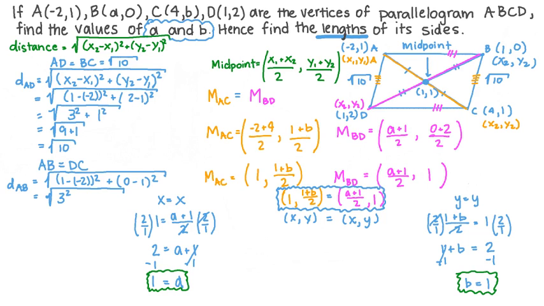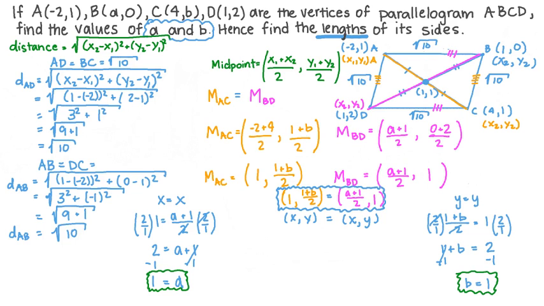Square that value. Plus 0 minus 1 squared, negative 1 squared. 3 squared equals 9. Plus 1, negative 1 squared equals 1. And the distance from A to B equals the square root of 10.